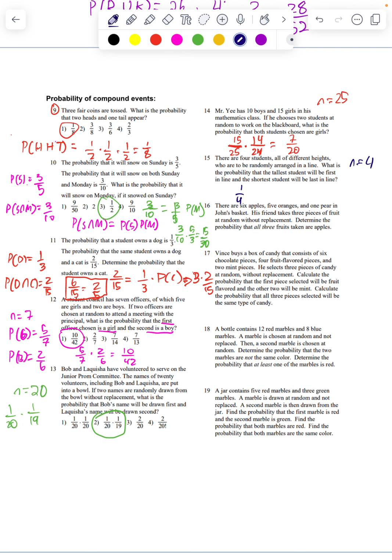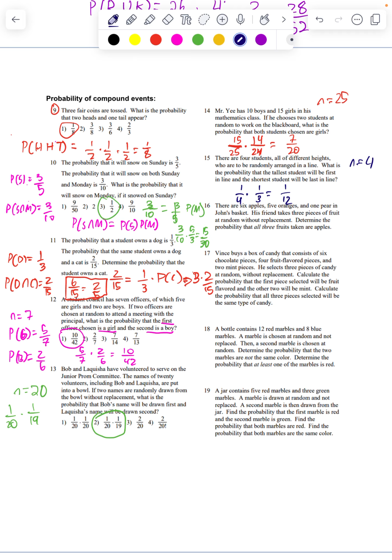And then he goes. And then how many students are left? There's 3 students left, and then we have to choose the shortest one out of that. That's going to be 1 out of 3. There's only 3 kids left. Only one of them is going to be the shortest, and that's going to be 1/12.